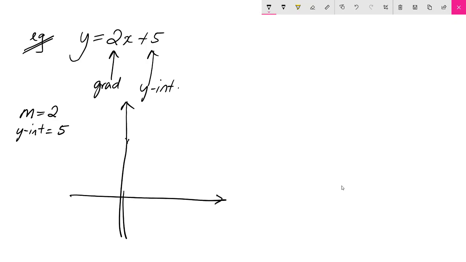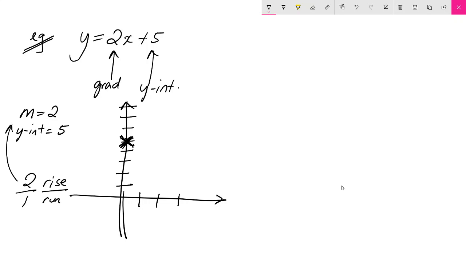first of all, I mark on the y-intercept, so 1, 2, 3, 4, 5. Mark that on, that's our first point, so that gives us point number 1, and then we use our gradient to find another point. So when it's a gradient of 2, what that actually means is it's 2 over 1. So we go up 2 for the rise and across 1 for the run.